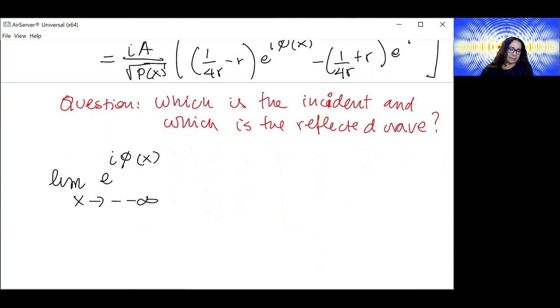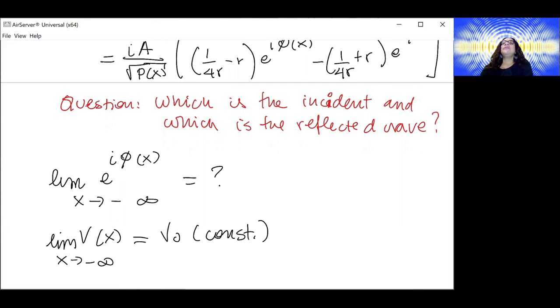You should have just one minus infinity. And we are going to assume that V(x) tends to a constant V naught.